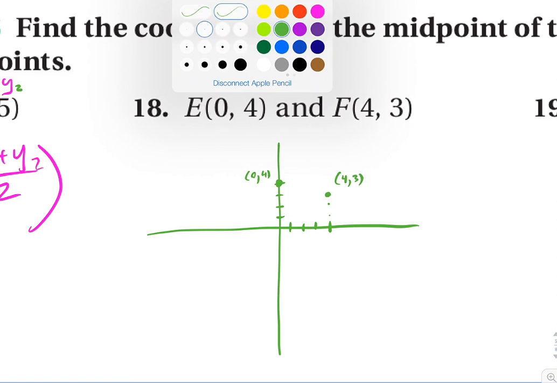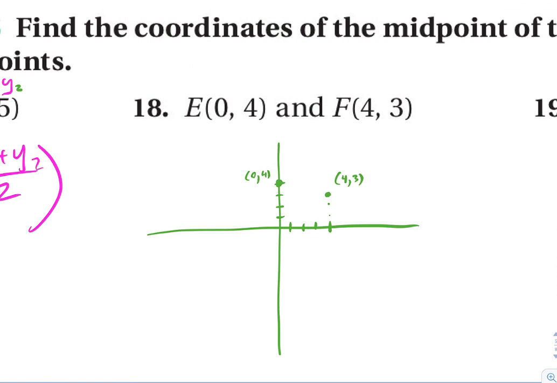So what I'm going to do really quick is I'm going to say, okay, what's halfway between those? So between 0 and 4, halfway over instead of going 4 is I go over 2. Okay, so halfway over is 2. And then instead of going down from 4 to 3 and going down 1, I'm going to go down a half.